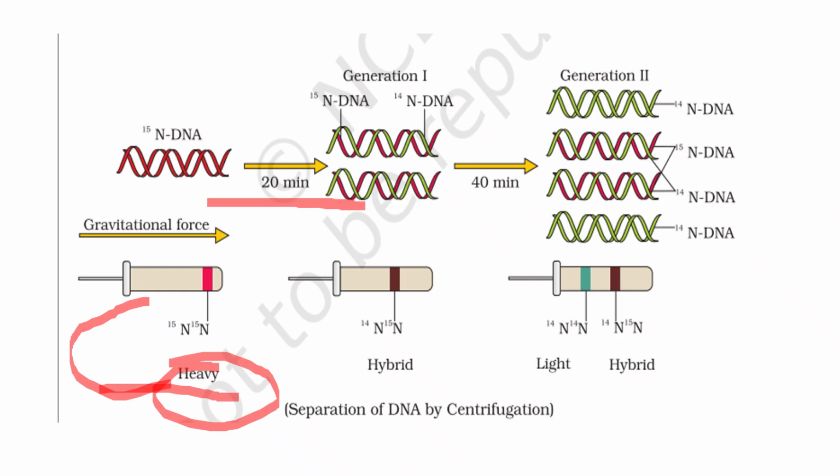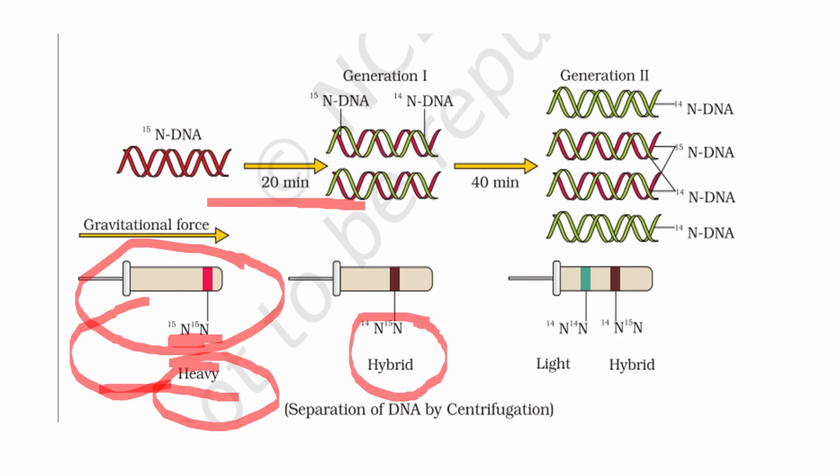Now this is the cesium chloride density gradient that I talked about. You can see the position of the 15NH4Cl-incorporated DNA at the bottom. After 20 minutes, there was a formation of hybrid DNA, that is, one strand will have 14N and the other strand will have 15N. Again after 20 minutes, what happened?